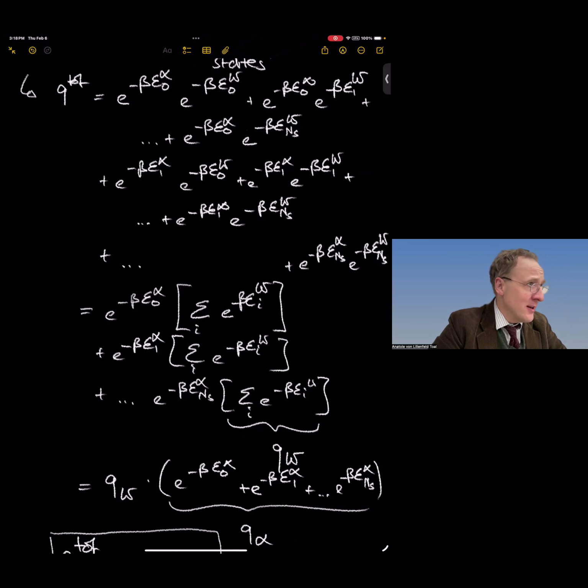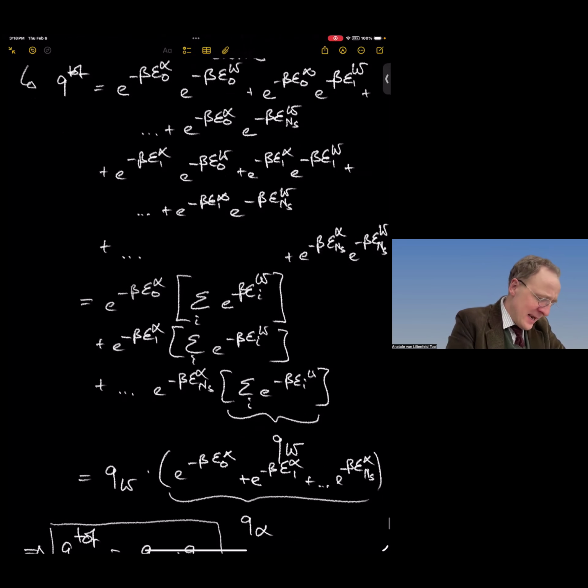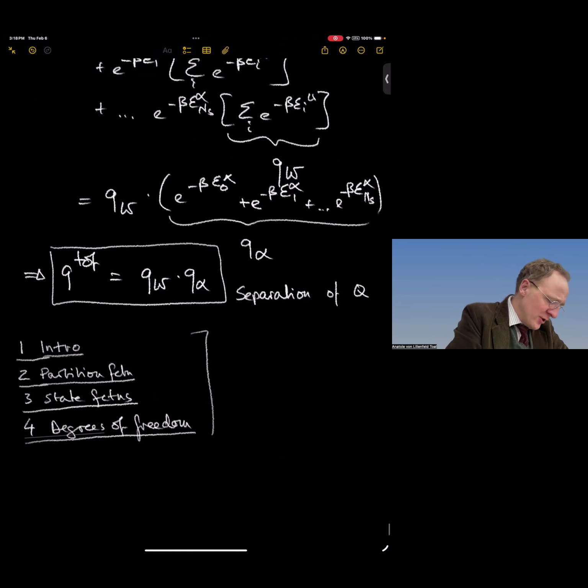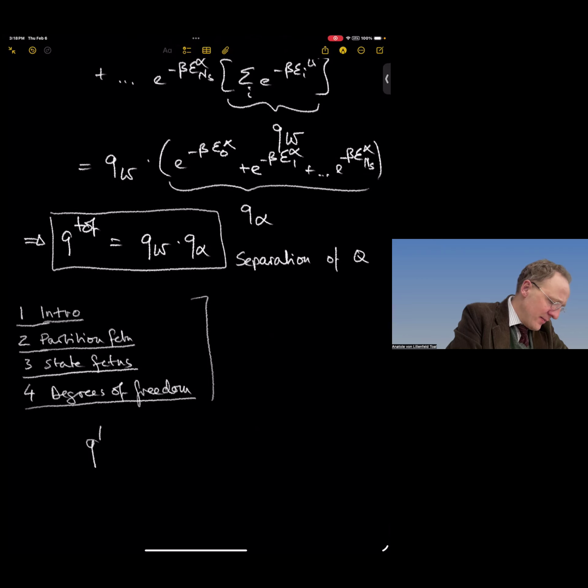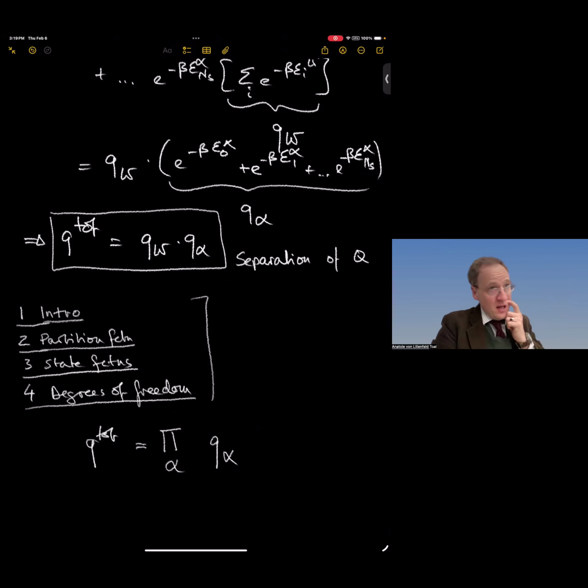By induction, you can simply assume that the omega mode can be separated once more into two more modes, and then you can repeat the exercise. And like this, you will see that your total partition function can be written as a product over all your energy modes alpha of partition functions that are separate for each mode.